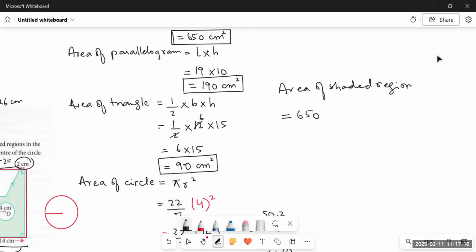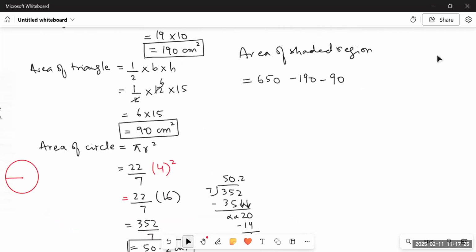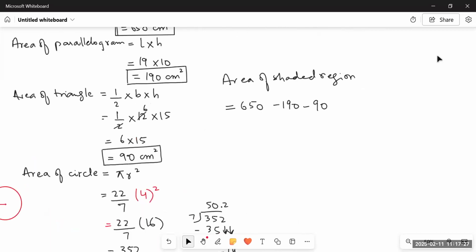First, we are going to subtract 190, the area of the parallelogram, from 650. Then we will further subtract 90, that was the area of the triangle. And then finally, we are going to subtract 50.2 as well. So we'll get the final answer, right?